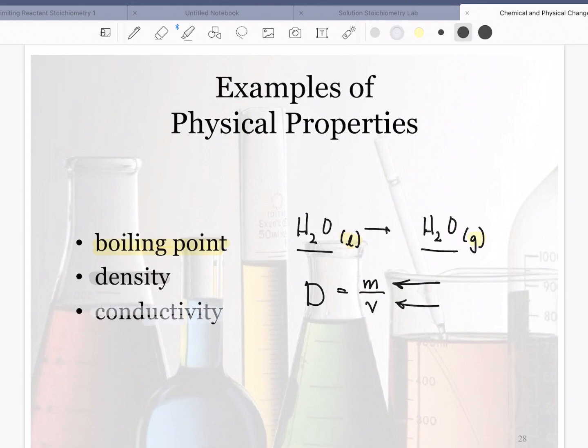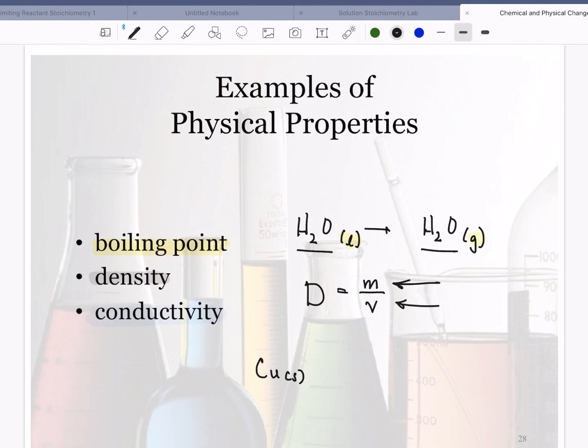Conductivity is difficult sometimes for students to appreciate, but let's think about, what do you have in your home that conducts electricity? Copper wire. You plug things in and the electrons run through the copper wire and power your devices. How often do you have to change the copper wire in your home? Is it every 5 years, every 10 years?